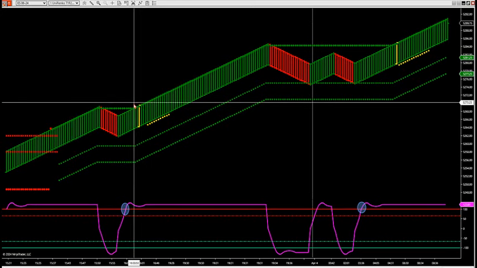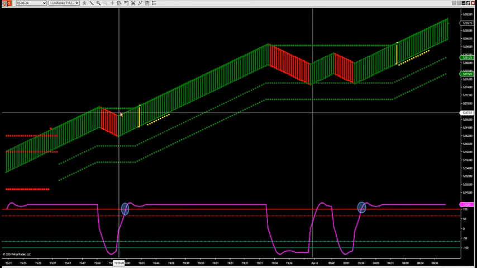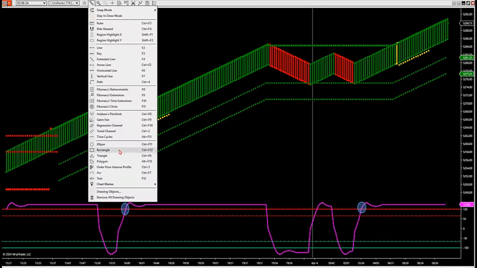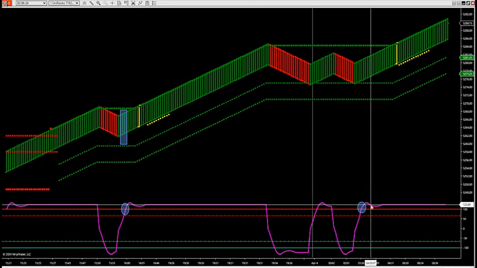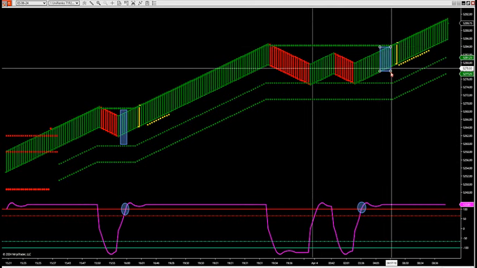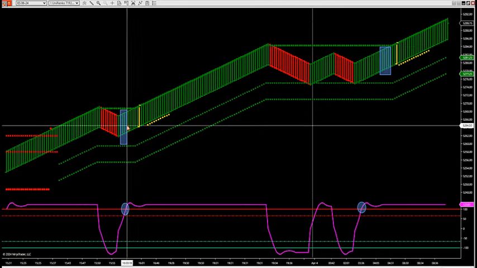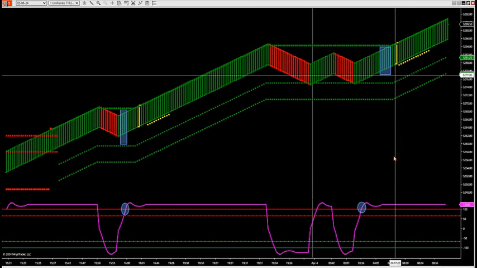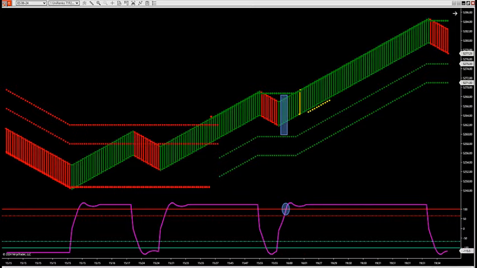You want this oscillator pegged on a zone breakout. It got pegged at this candle on a zone breakout, and it got pegged at this candle on a zone breakout before the entry happened. So you can see that you want to get into a strong market.